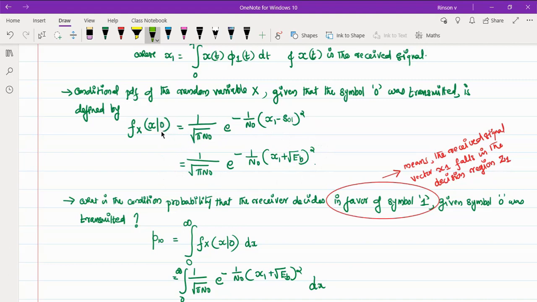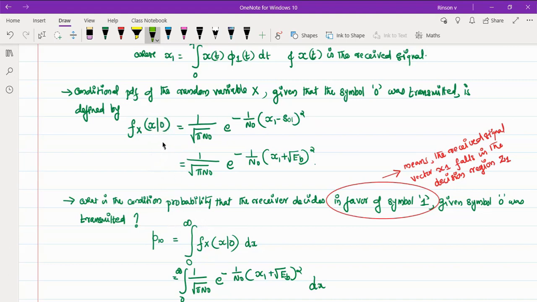Now, what is the probability that my received signal point x1 will fall in the region Z1? Z1 is 0 to infinity. So to find that, we just need to integrate this conditional PDF in that interval.